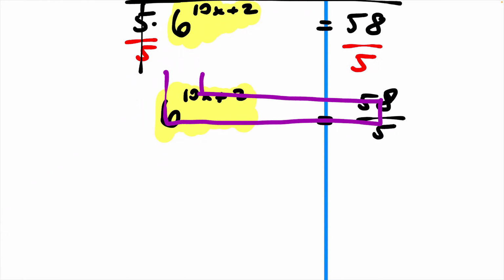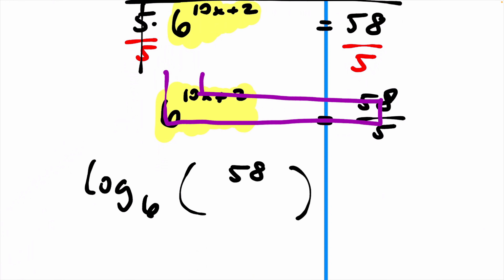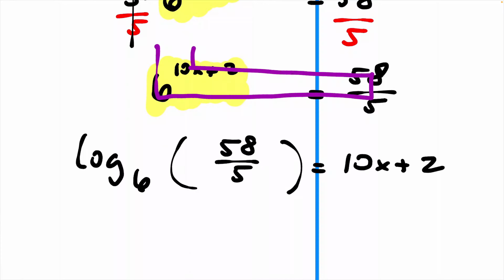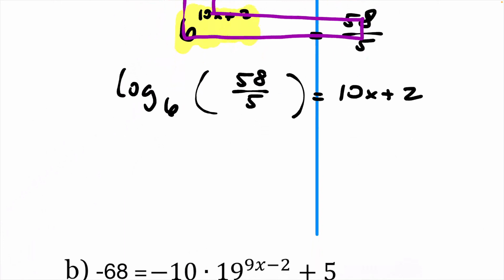So we get log with a base of 6, parentheses fraction, equals, bring that guy down to the ground. Now I can see 10x plus 10. Okay. Step 3, now he's down on the ground, I can solve.